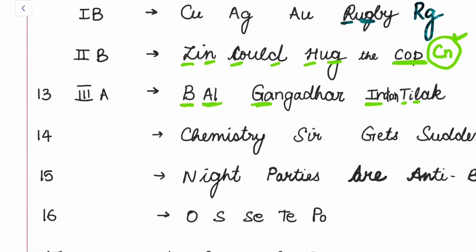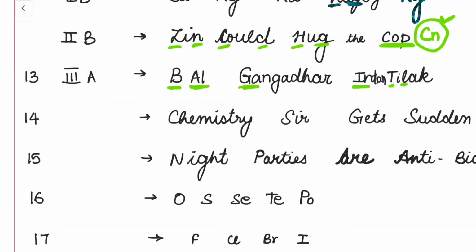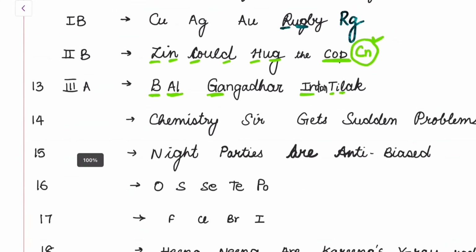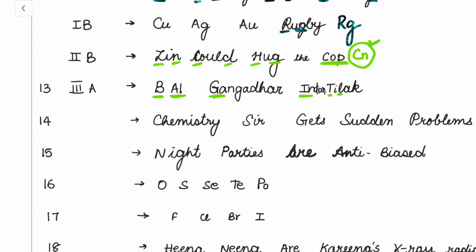Alright. So coming to the 14th group of elements, which is chemistry sir gets sudden problems. So it is C for carbon, and this is for silicon, so Si, and gets, so germanium, and then we have sudden problems.